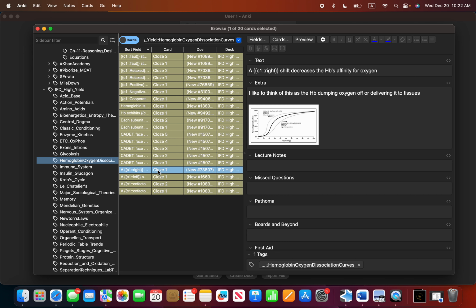Makes sense, right? So the HB dumps oxygen off or delivers it to the cells, tissues, and it's more when you're exercising, when you're increasing your temperature, the cells give more oxygen to the blood to be circulated, right?